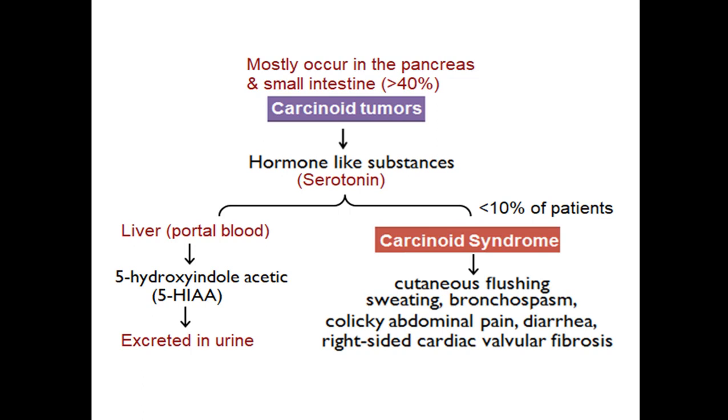So the excess secretions, the amines, prostaglandins, and bradykinins, are first taken by the blood and carried into the liver.